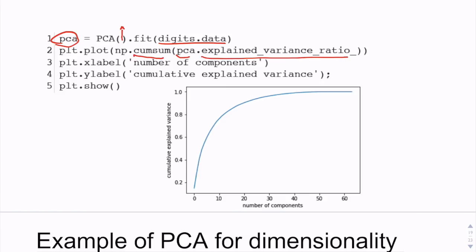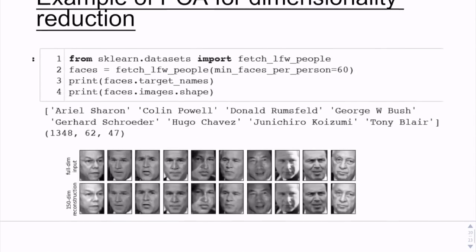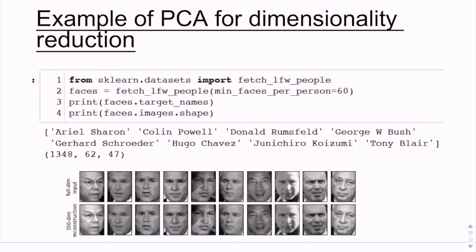I highly recommend you go to the Jupyter Notebook slides and run those codes to understand how to implement and how to handle a PCA analysis. Here is another example for dimensionality reduction. This is the first slide I showed you, that we have around 1348 images from different people, from I think 12 politicians, and these are the images.